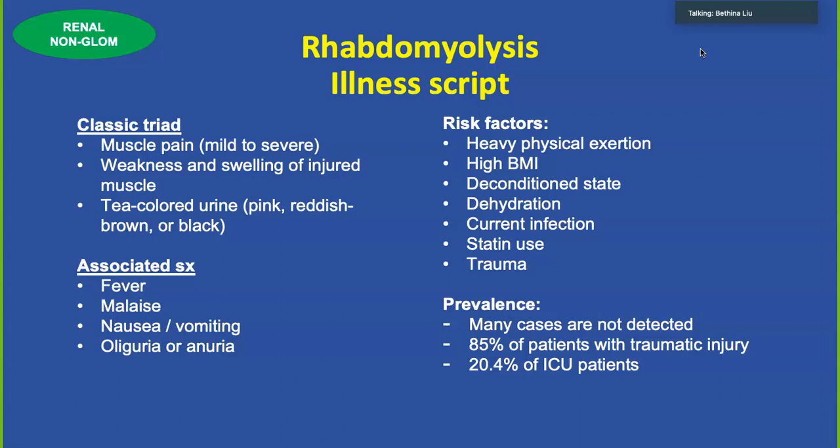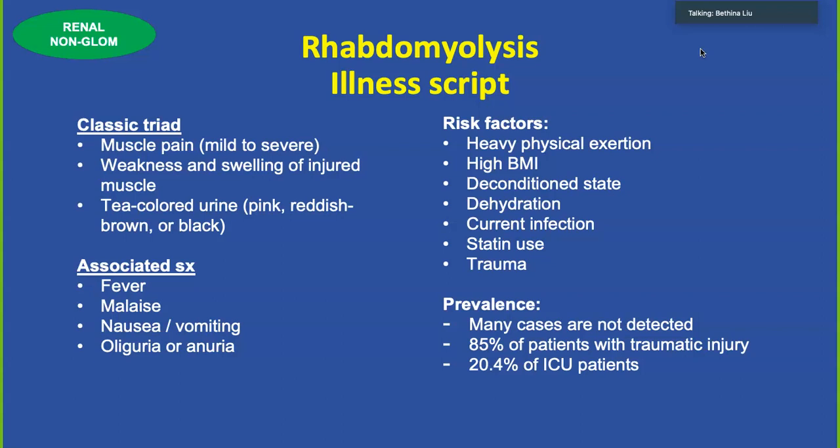You may also see associated symptoms like fever, nausea, vomiting, malaise, as well as oliguria or anuria. Risk factors include a history of heavy physical exertion, especially if the individual is not used to heavy exercise. Risk factors also include an elevated BMI or deconditioned state.